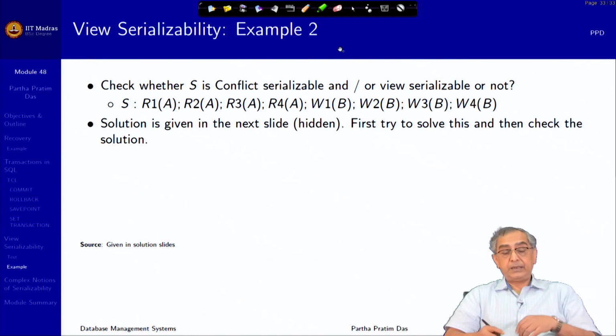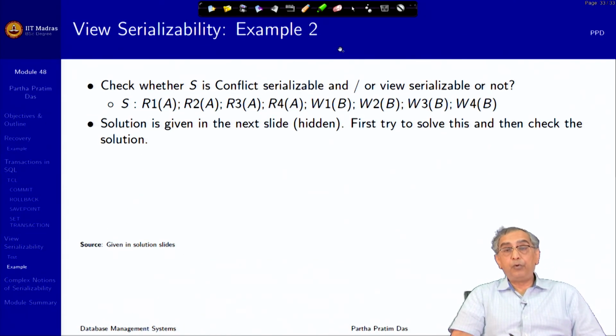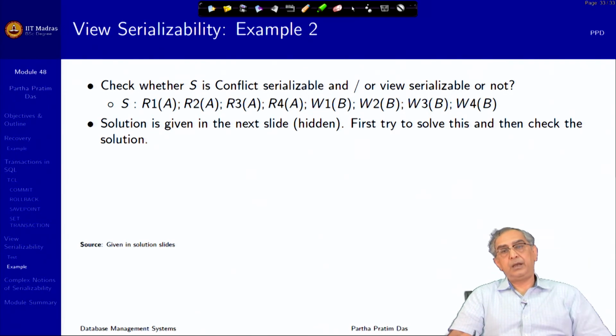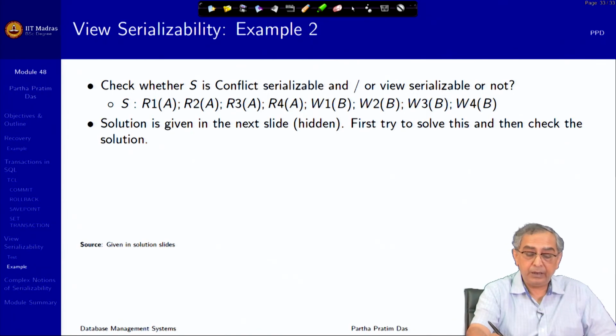There is another example here, with a few more reads and writes, and in the 2 slides that follow, the solution is worked out, but we have not included them in the initial presentation, so that you can try to work this out, and then look at the solutions.